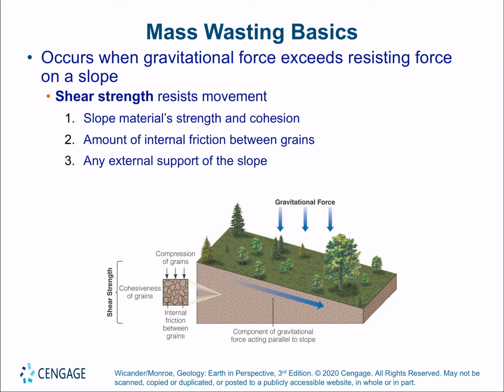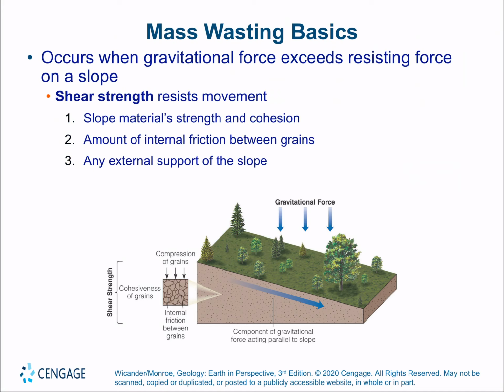So let's go over some basics of mass wasting. In order for mass wasting to occur, your gravitational force has to exceed the resisting force on a slope. Shear strength is going to try to resist that movement.